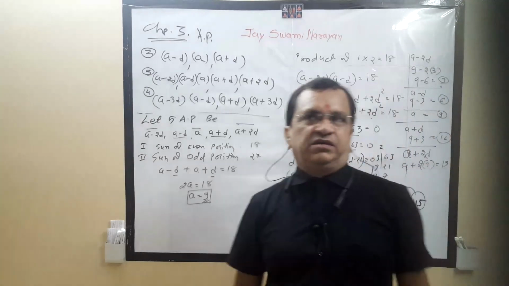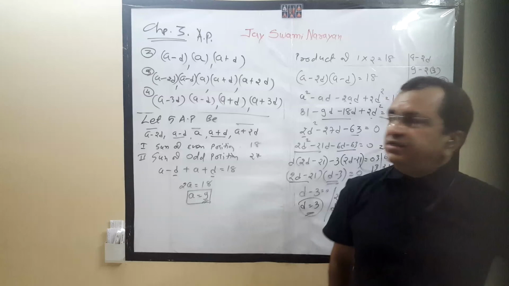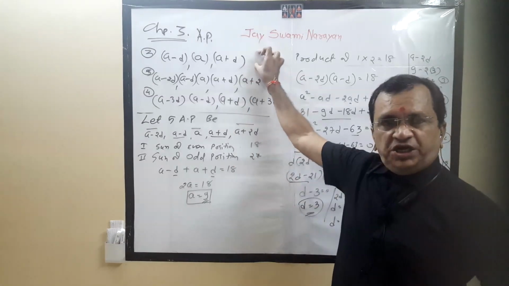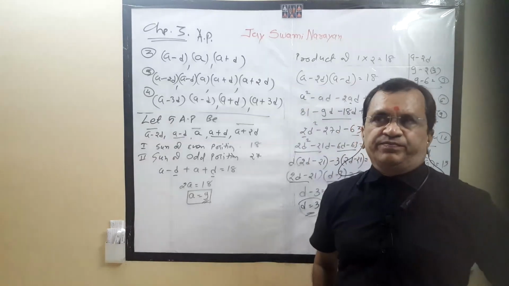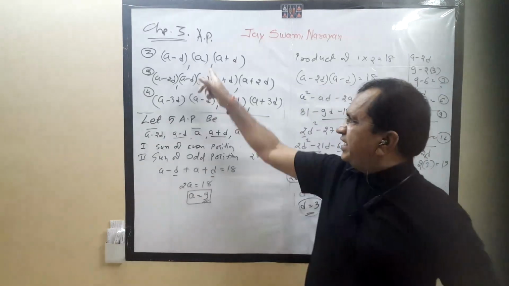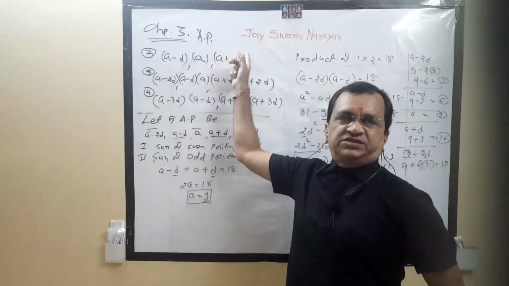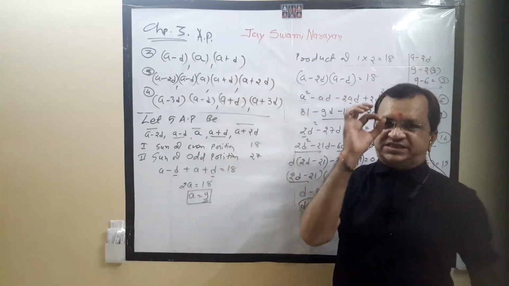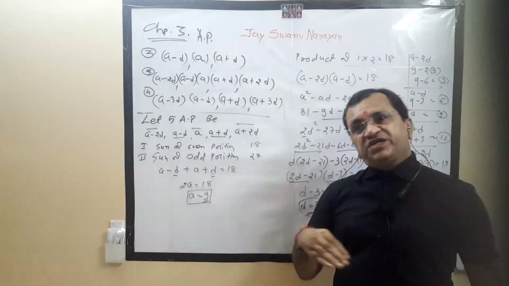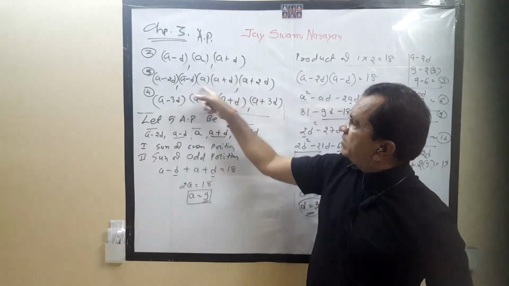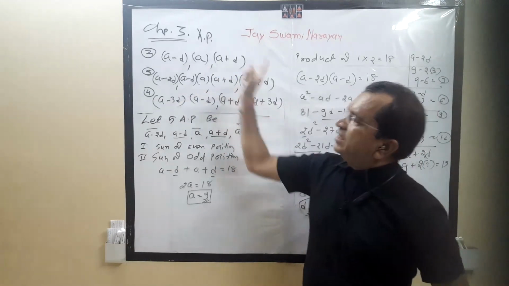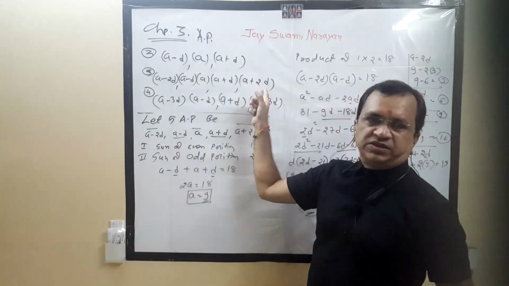In the assume method, there are only three cases: 3 numbers, 4 numbers or 5 numbers. If it is 3 numbers, the center is always a, with a minus d and a plus d. So the difference is only a single d. If there are 5 numbers, these 3 numbers will be the same, and add a minus 2d, a plus 2d.